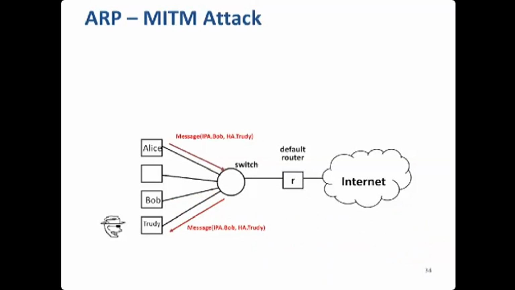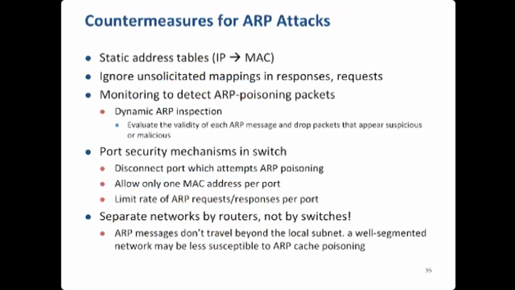First Alice sends a message using Trudy's hardware address. Trudy receives it, then manipulates the message and uses the IP address and hardware address of Bob. For that, Trudy has to know the Ethernet address of Bob, which is very simple. So this way we can do a man in the middle attack.